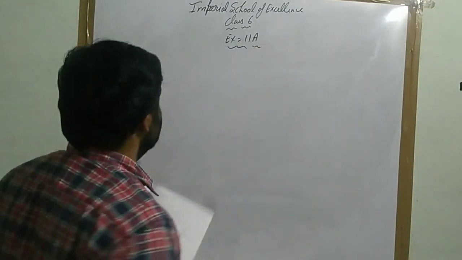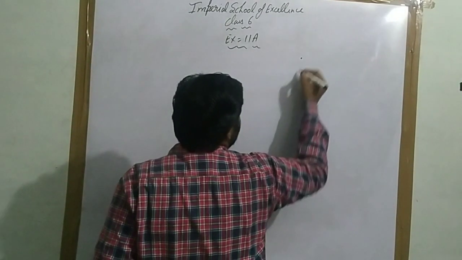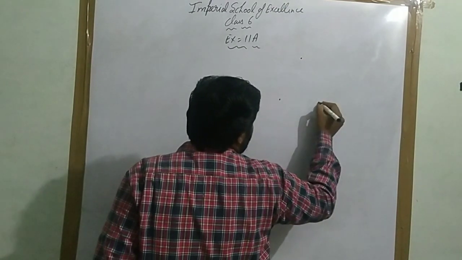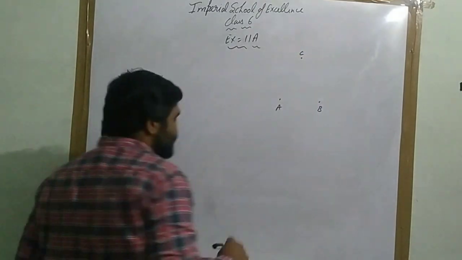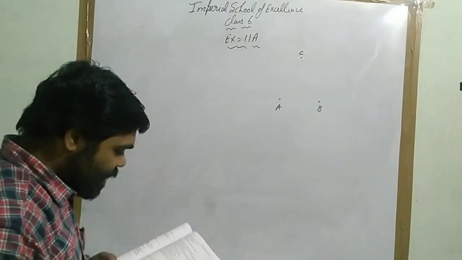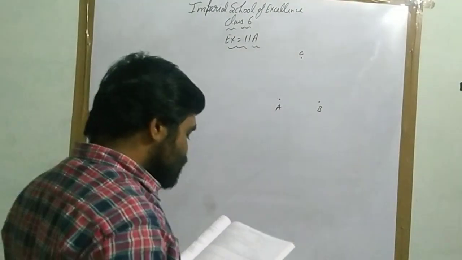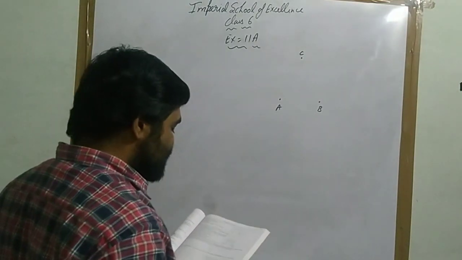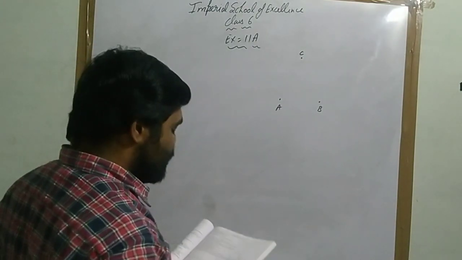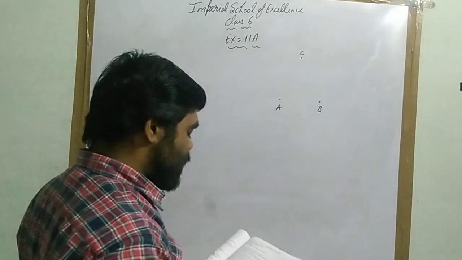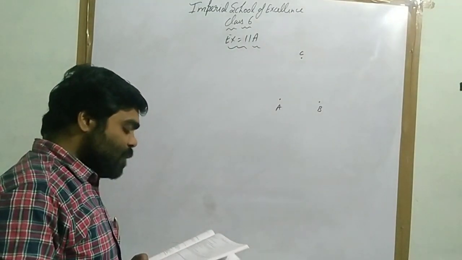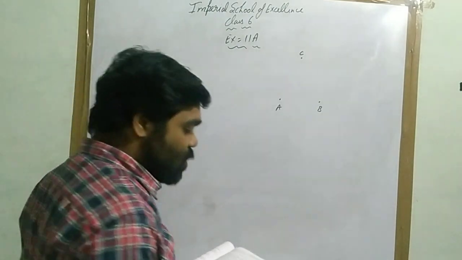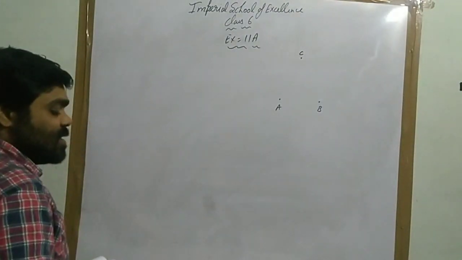In question number 6, only 3 points have been given, A, B and C. Draw lines through these points taking 2 at a time. Name the lines: AB, BC and AC.